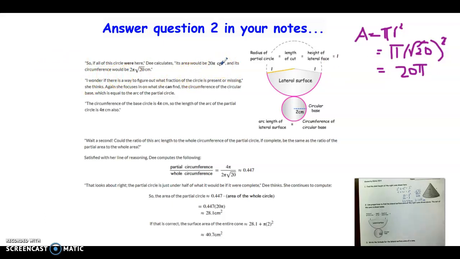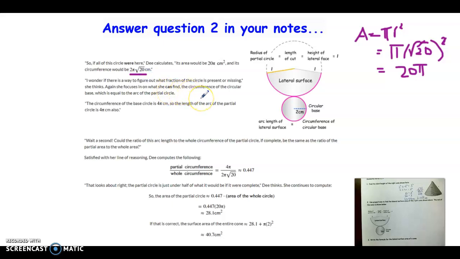Its circumference would be 2 pi r, and she's using the unsimplified version of the radius as the square root of 20 there, and says that it would be 2 pi square roots of 20 centimeters. So she wonders if there's a way to figure out what fraction of the circle is present or is missing. And again, she focuses on what she can find, the circumference of the circular base, which is equal to the arc of the partial circle.